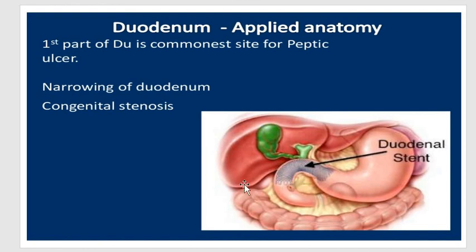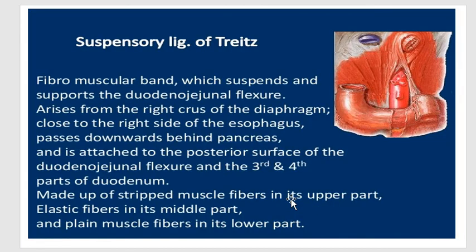So they surround the second part of the duodenum like an annular pancreas and can cause obstruction. Or sometimes there are other reasons, like pressure by the superior mesenteric artery on the third part of the duodenum, which can also cause compression. So these are the things which can cause congenital stenosis or obstruction of the duodenum.